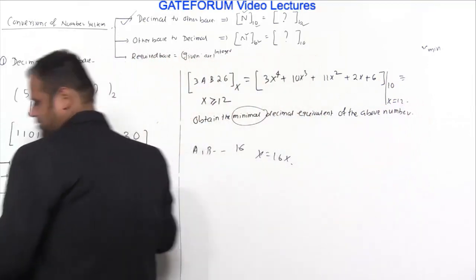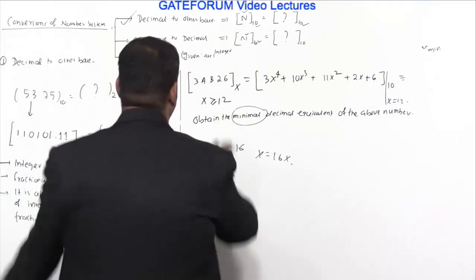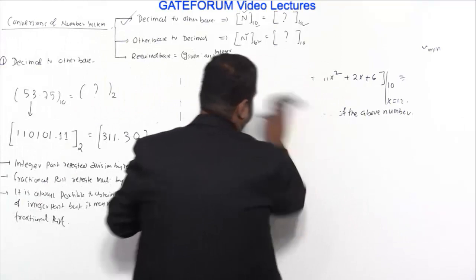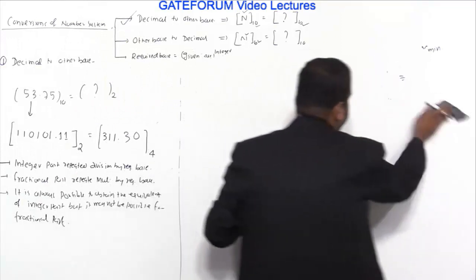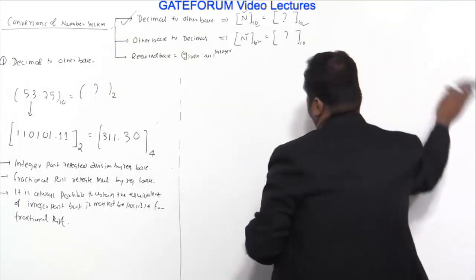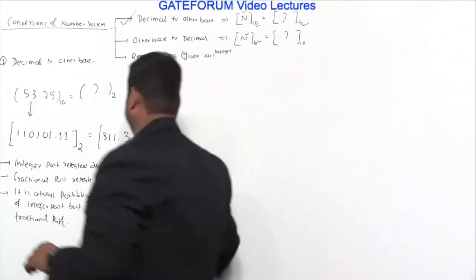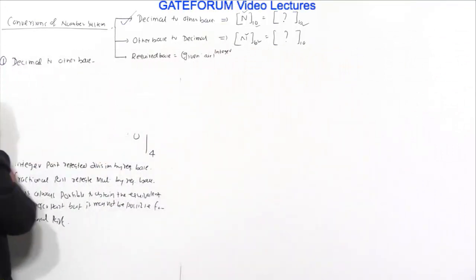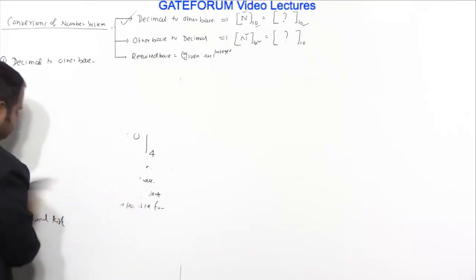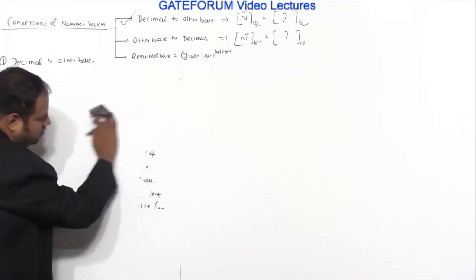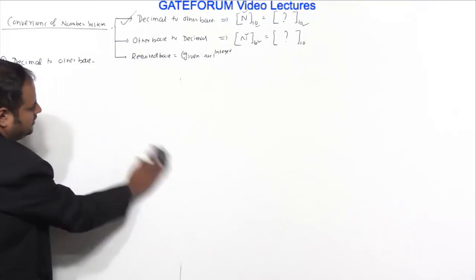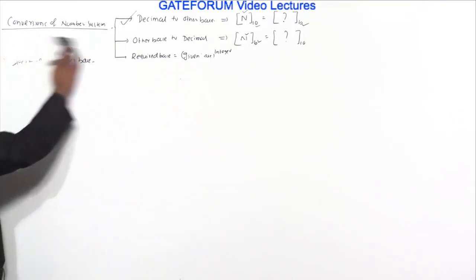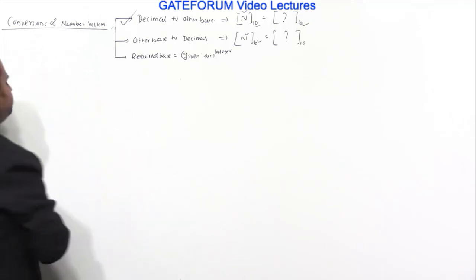So this is a good one. Now in the third case, what is my interest is the required base is in terms of the given base. Once you identify this model, your calculations are also pretty easy. Now let me show you.